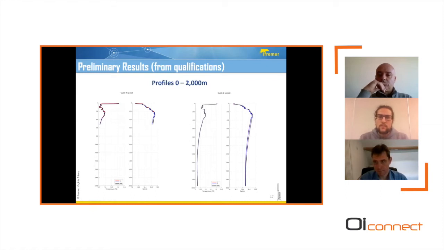At this time of the qualifications, RBR told us that the last salinity equation was not fully ready on the CTD, but for the 2 prototypes we will deploy, the RBR CTDs should have the last corrected salinity equation. So now, it should be fine.